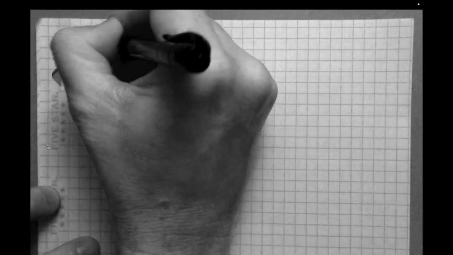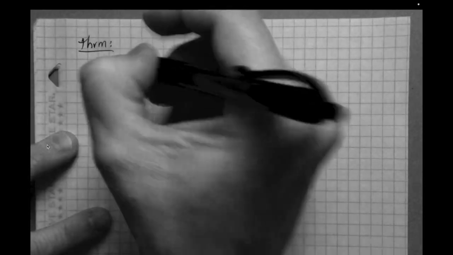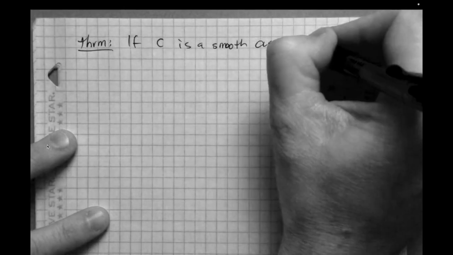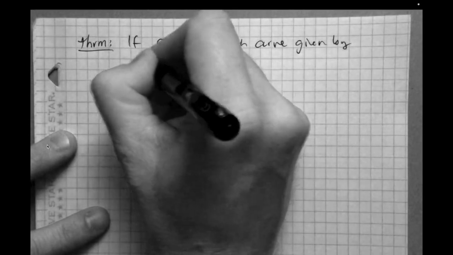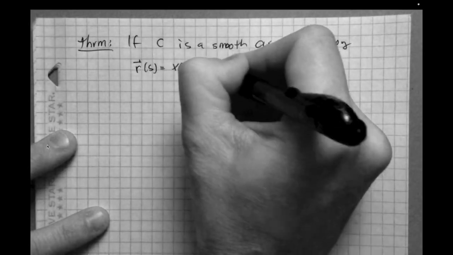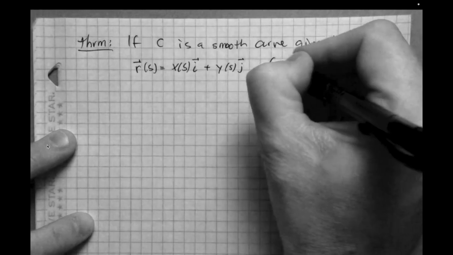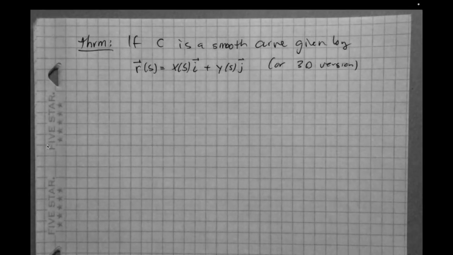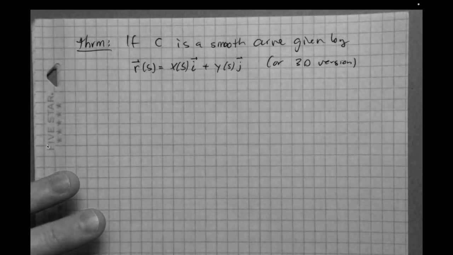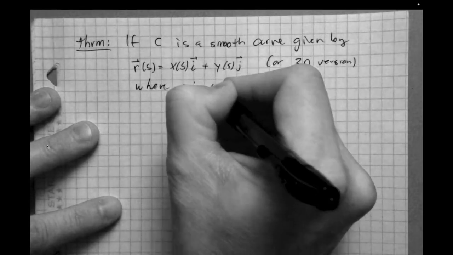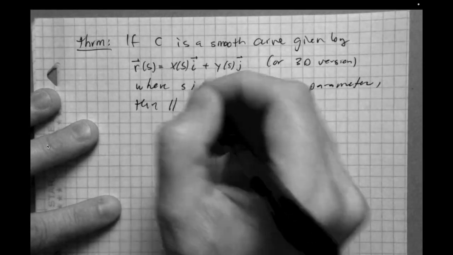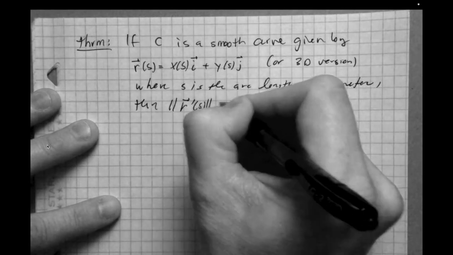So, theorem. If C is a smooth curve given by a vector-valued function parameterized by arc length, where s is the arc length parameter, then the norm of the derivative of r is equal to 1.